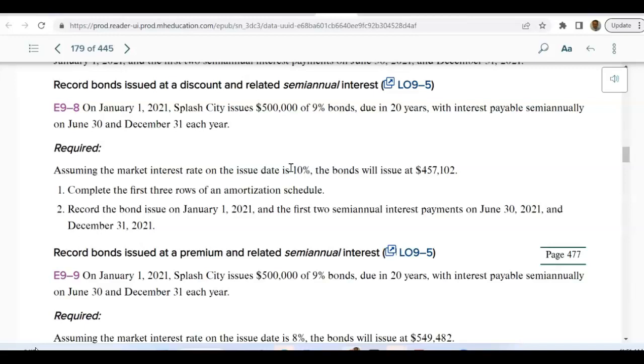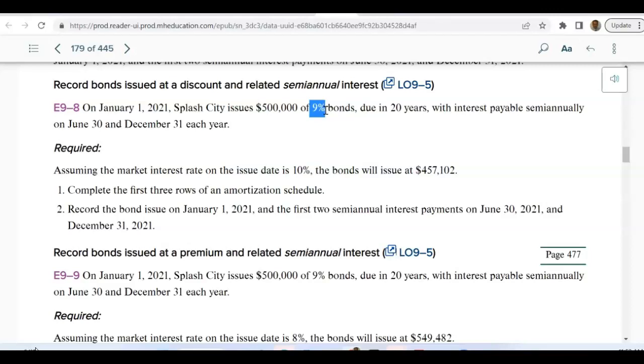So when I say what is for your calculation, what interest rate do you use? You always use the market interest rate for your present value calculation. Always. But when do you use this 9%? You use this 9% only one time at the beginning to calculate the semi-annual payment.